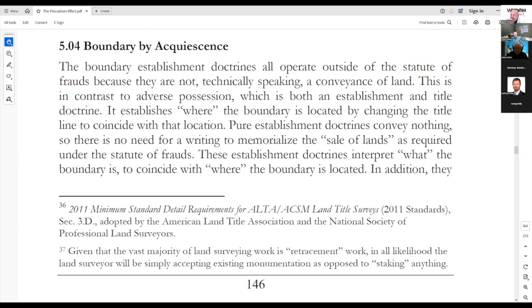The challenge with that, just like adverse possession, is it doesn't fall under the statute of frauds. It is not a correction of title if a correction needs to happen, and it is not a conveyance of land until something perfects that. And so in Utah, we have a boundary by acquiescence portion of our statutes where you can file a record of survey or a record description for the line that you now agree is the line.